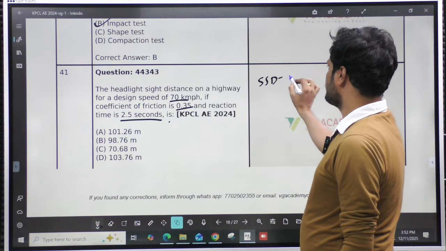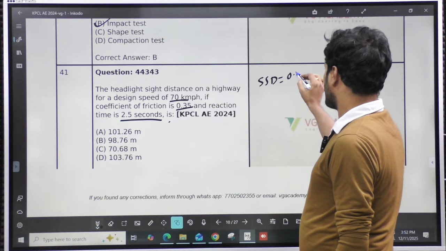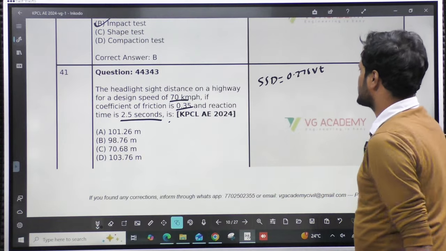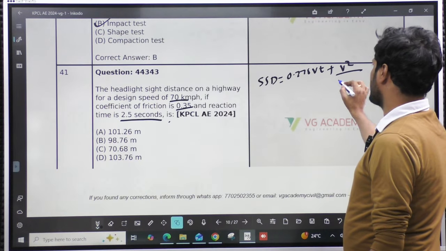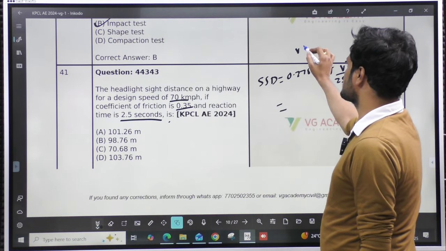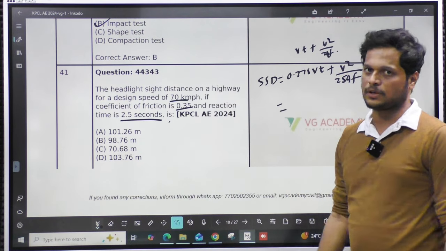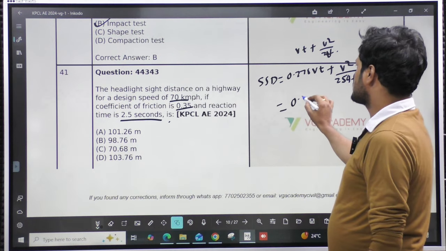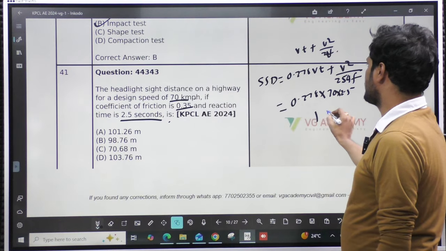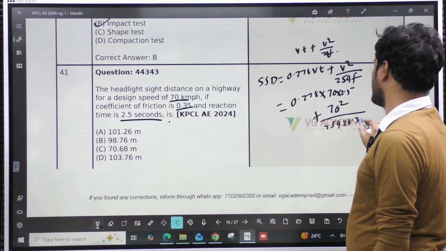SSD is 0.278 into V into T plus V square divided by 254 F, with V substituted in kmph as meters per second is not given. Or if you substitute in meters per second, it is Vt plus V square by 2gf. But here we substitute in kmph only. So 0.278 into 70 into reaction time 2.5 plus 70 square divided by 254 into 0.35.